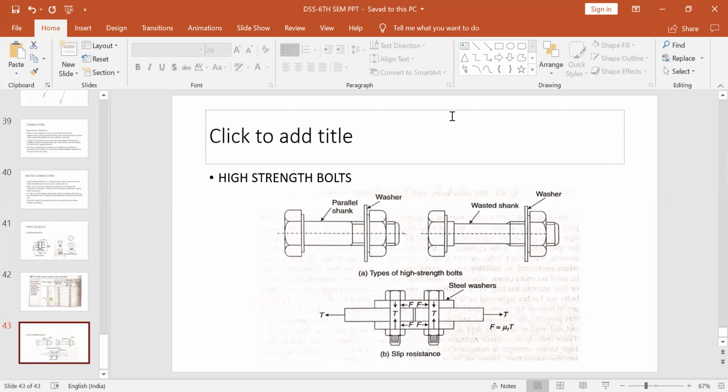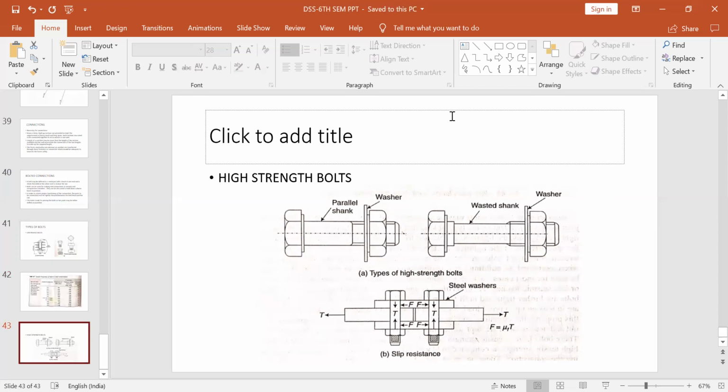Now these bolts may be tightened until they have very high tensile stress, two or more times that of ordinary bolts, so that the connected parts are clamped tightly together between the bolts and the nut heads. So this permits the loads to be transferred primarily by friction and not by shear.